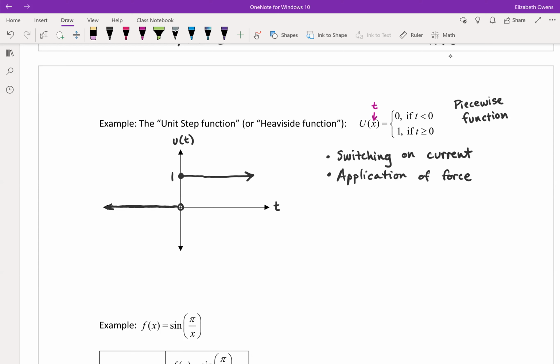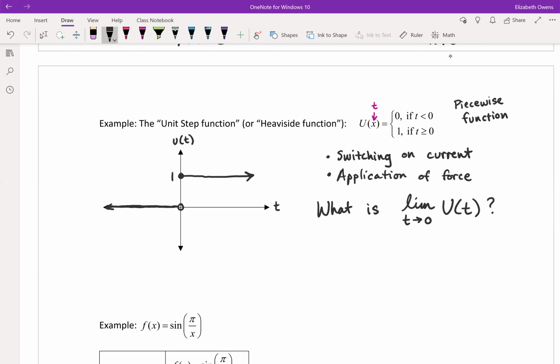So what we want to look at here is the limit as t approaches 0 of u of t. So the limit of this unit step function as t approaches 0.